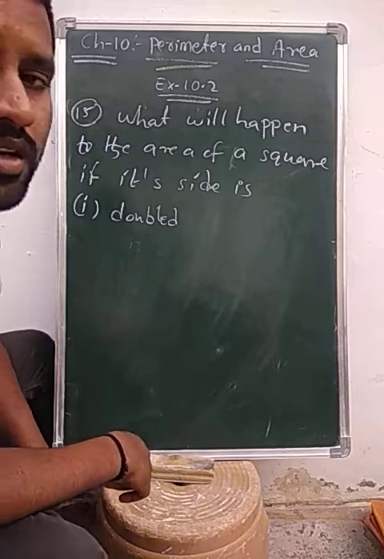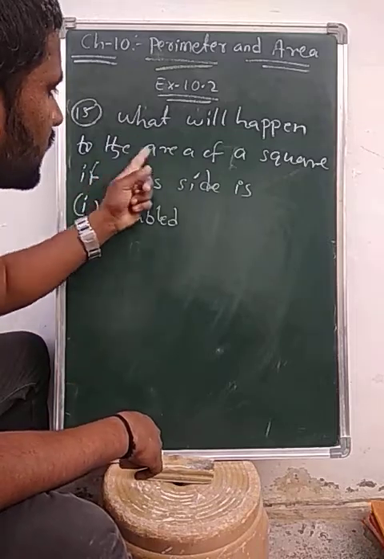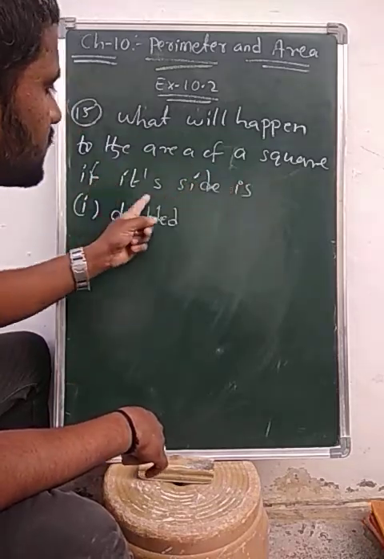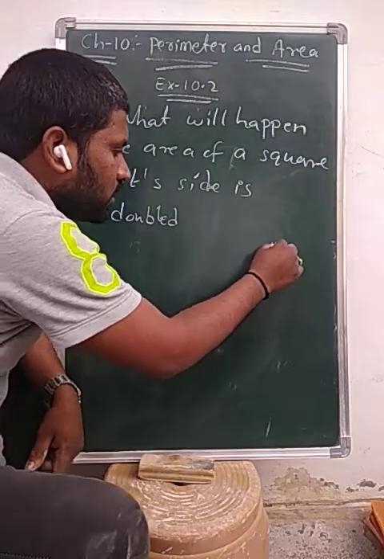Okay na? What will happen to the area of a square if its side is doubled?